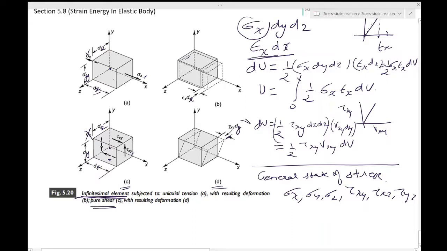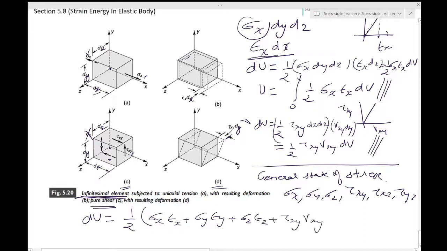So you see that a normal stress has this sort of a relationship, a shear stress has this sort of a relationship. So if all the components of stress and all the components of strain are acting, this strain energy of the infinitely small element will be sigma x epsilon x plus sigma y epsilon y plus sigma z epsilon z plus tau xy gamma xy plus tau yz gamma yz plus tau zx gamma zx, times dV.